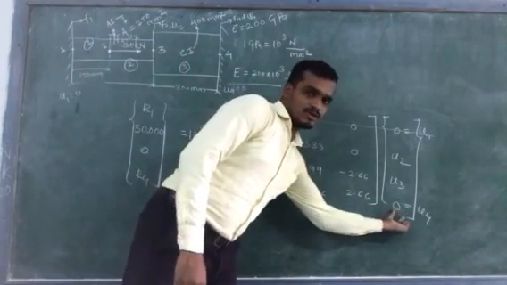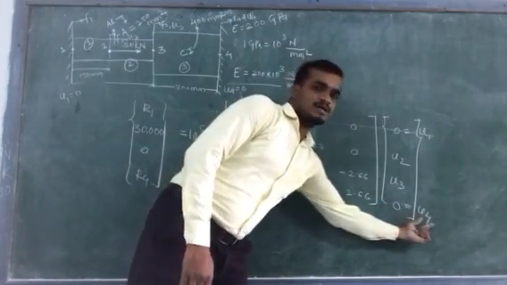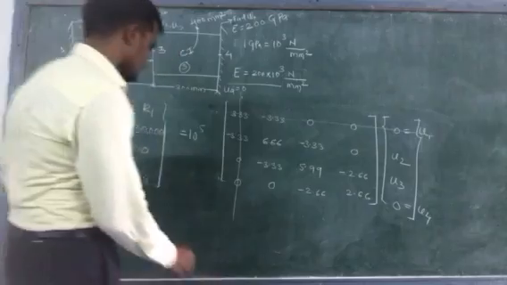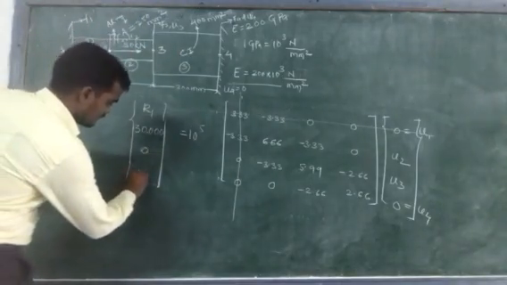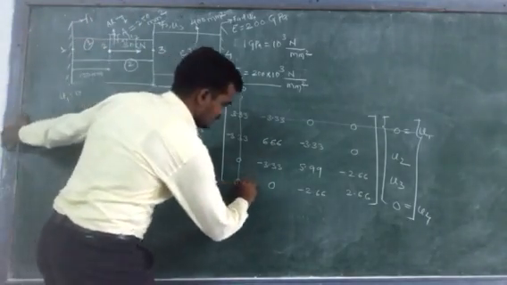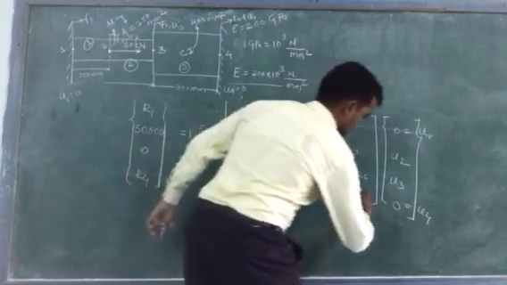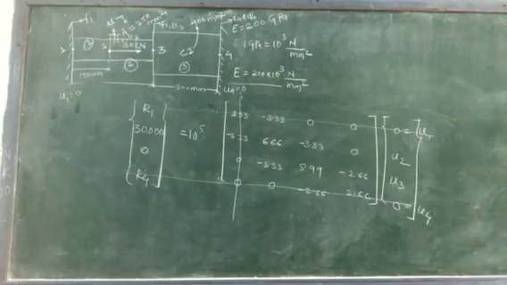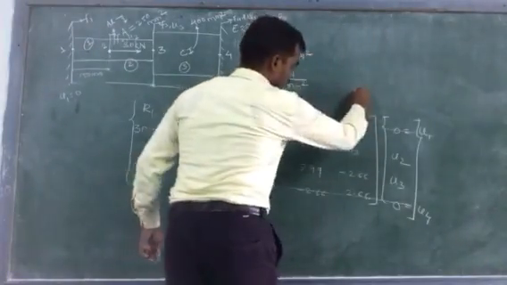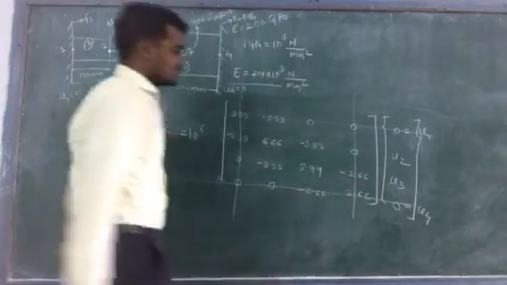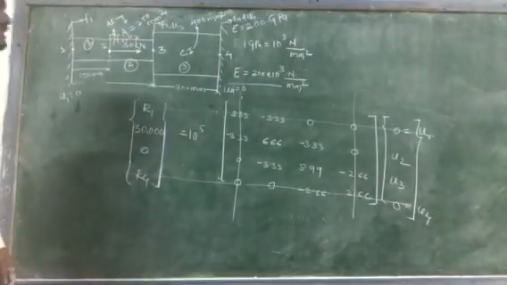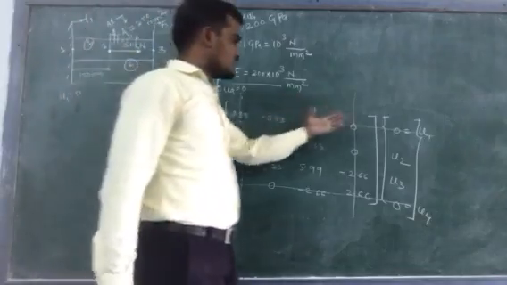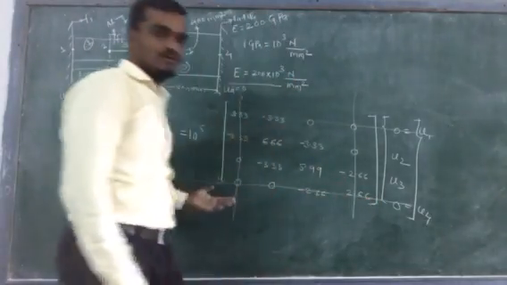Here U4 is equal to 0. So we need to eliminate the fourth row as well as the fourth column. In this way you have eliminated the first row, first column, fourth row, fourth column.